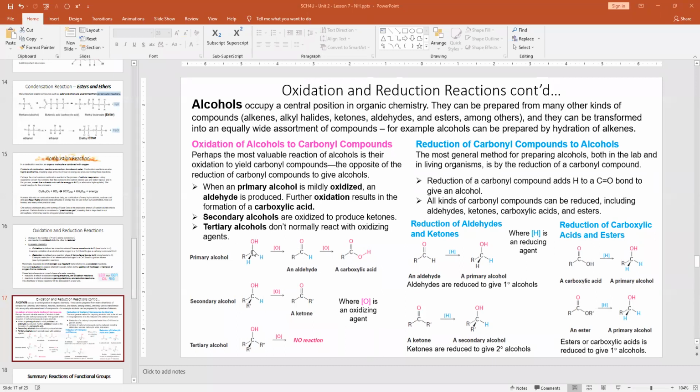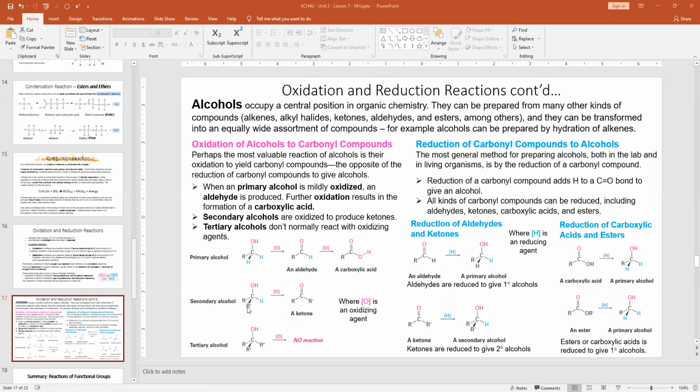In an oxidation, you see carbon makes more bonds to the oxygen, and a hydrogen is lost. And if that aldehyde is then further oxidized, it results in the formation of a carboxylic acid. So again, another oxygen group is added here and you get a carboxylic acid.